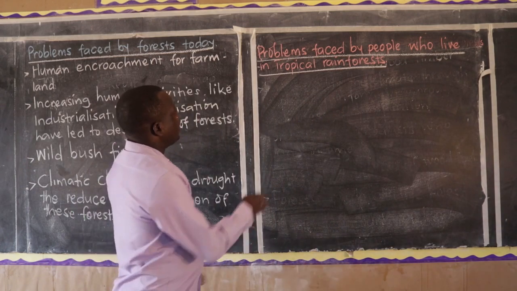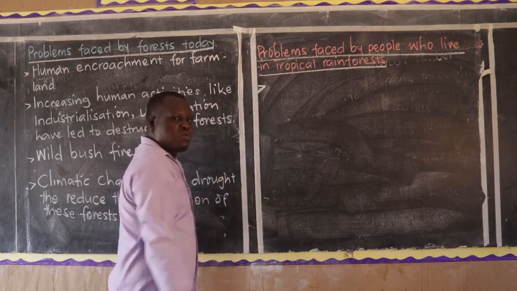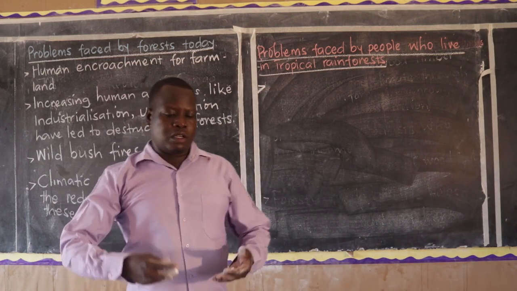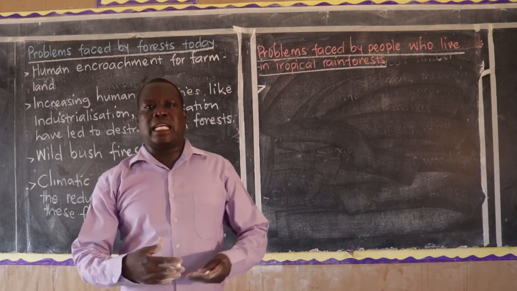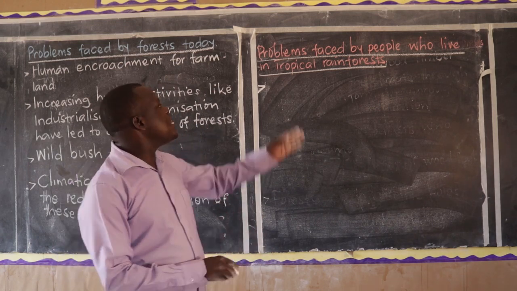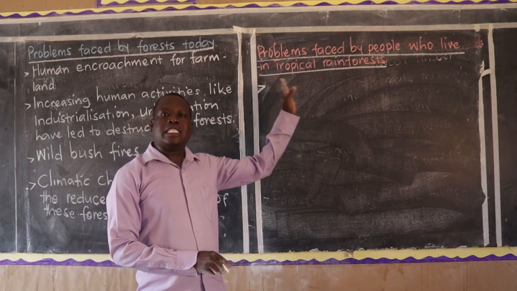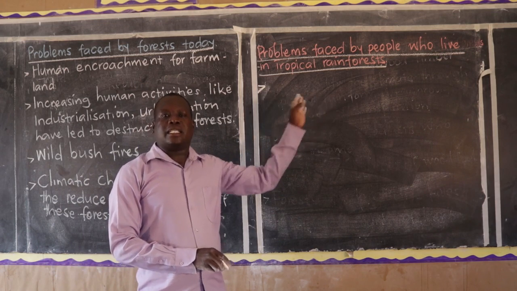First of all, some of these forests provide a good condition for vectors, maybe like flies, to live in, and therefore you will easily be attacked by such vectors.